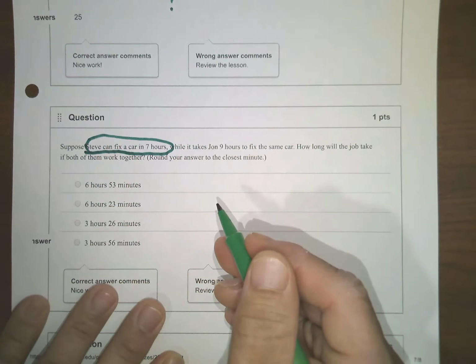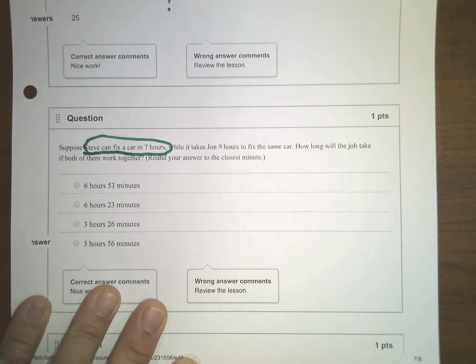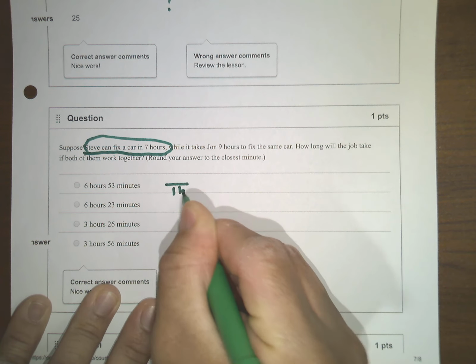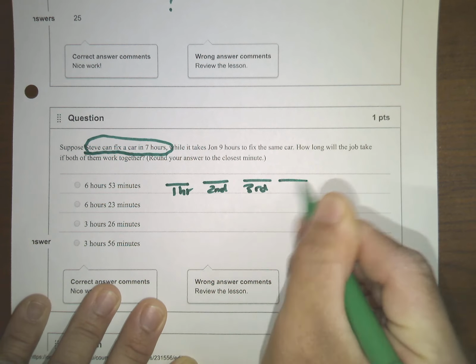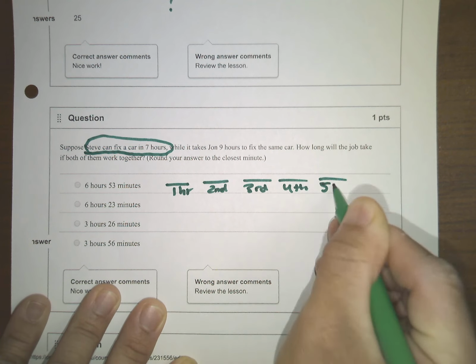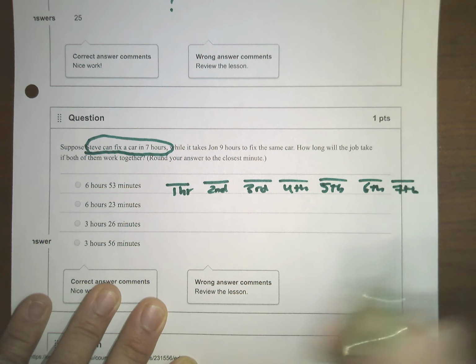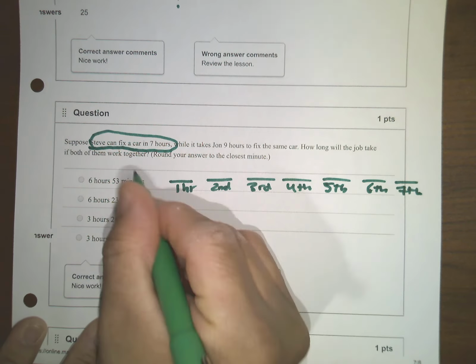Let's just draw a visual here. There's the first hour, second hour, third hour, fourth hour, fifth hour, sixth hour, seventh hour.